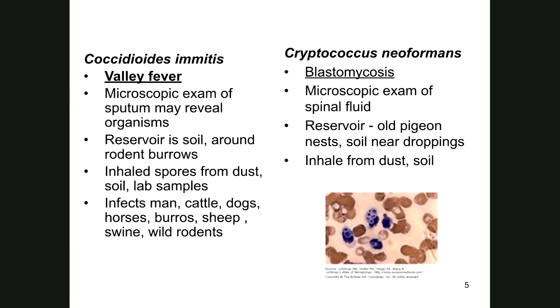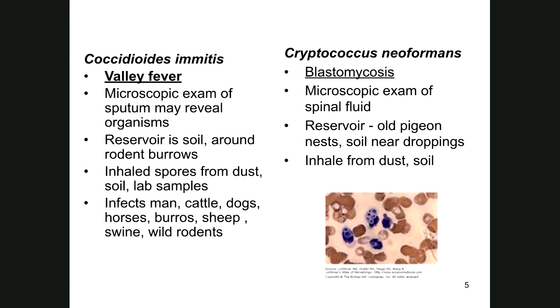You need to know that its alternative name is valley fever. Okay, the reservoirs and soil here around rodent burrows, and again, inhaling the spores from the dust, and you can see which animals and man that it will actually infect. Coccidioides immitis, valley fever.